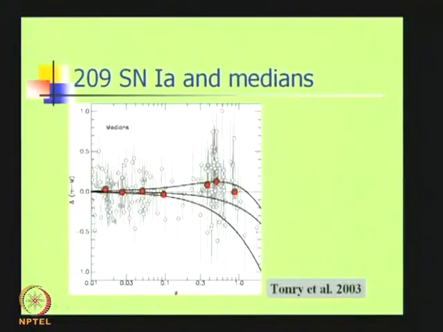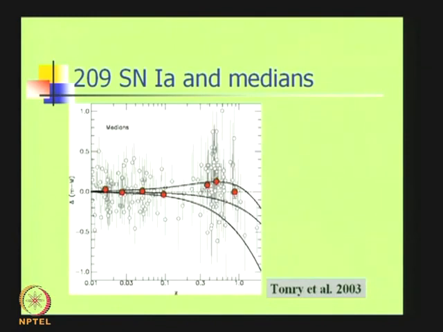What the data shows you is that none of these three models are able to fit the supernova luminosity distances as a function of redshift. The distances come out to be larger than predicted by all three of these models, because the supernova appear to be fainter than predicted by these three models.